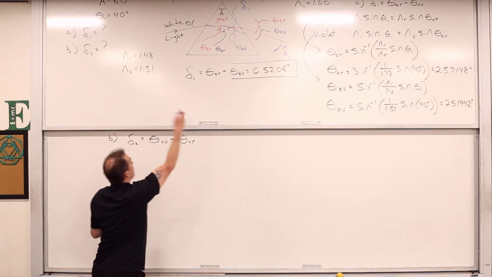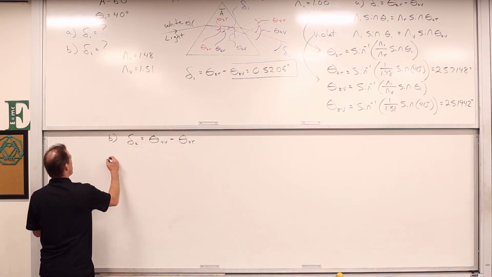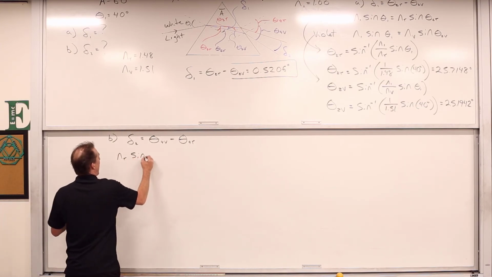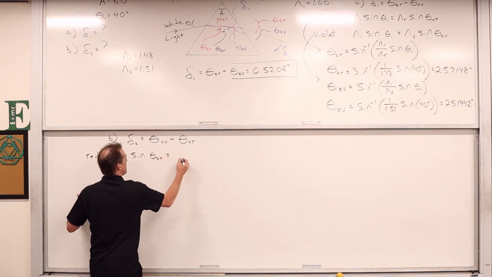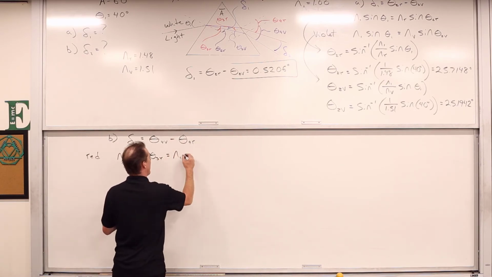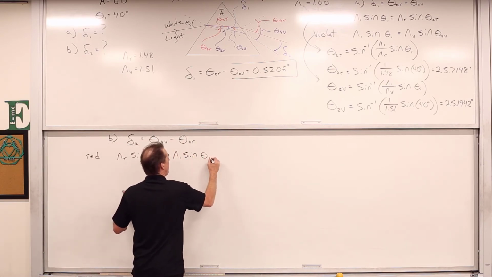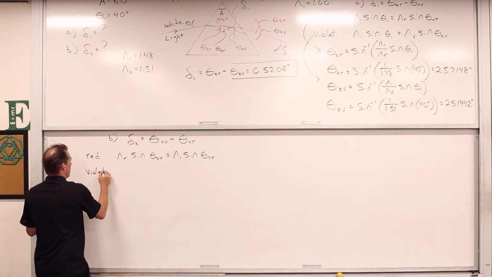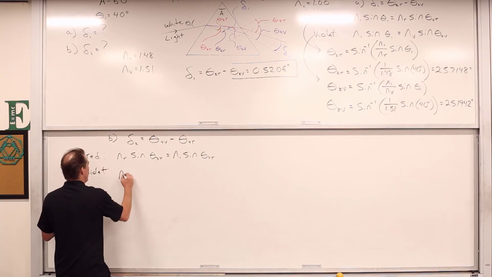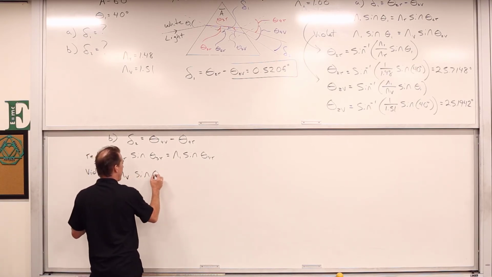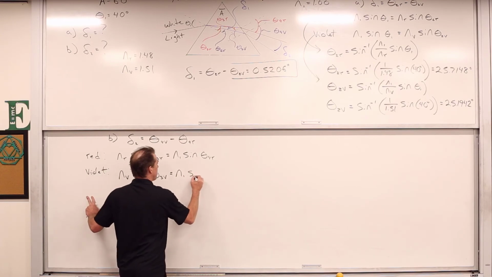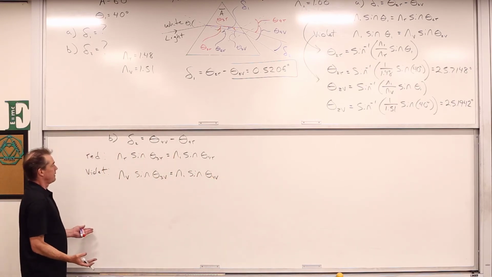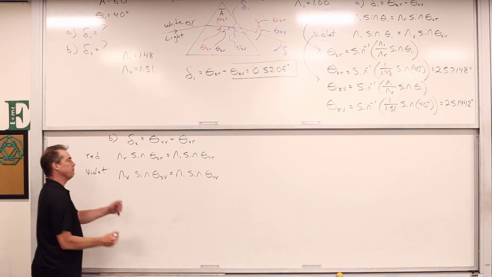Well, we're going from the prism back out into air. So we have, for the red, n red times the sine of theta 3 red is equal to n1, going back out into air, times the sine of theta 4 red. And for the violet, something similar: n violet times the sine of theta 3 violet is equal to n1 times the sine of theta 4 violet. So we can go ahead, take these, solve them out for theta 4s, right?